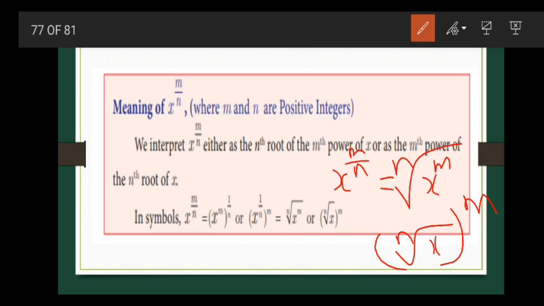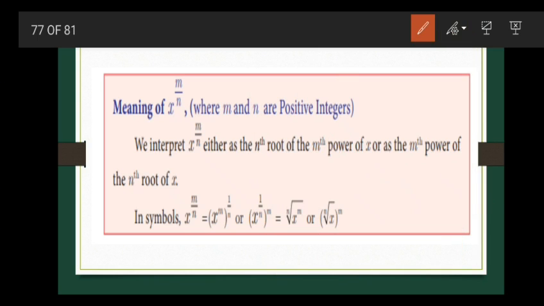We will multiply this nth root of x m times. Okay, so x power m by n will be equal to x power m to the power 1 by n, or x power 1 by n to the power m, or it can be written as nth root of x power m, or nth root of x power m.